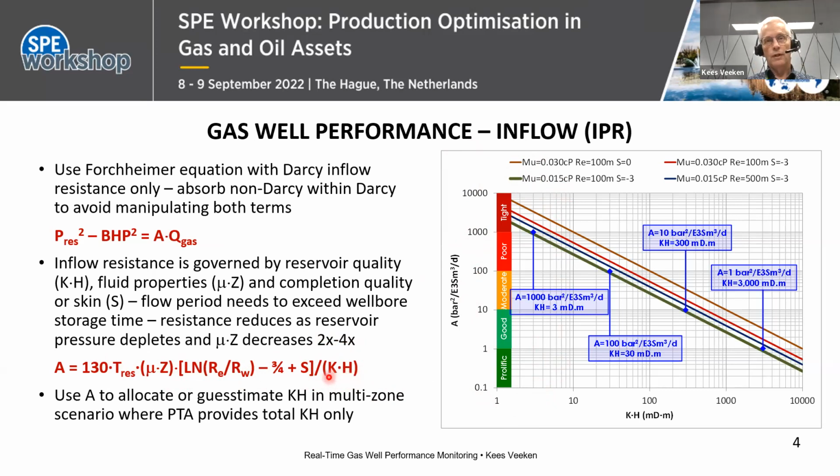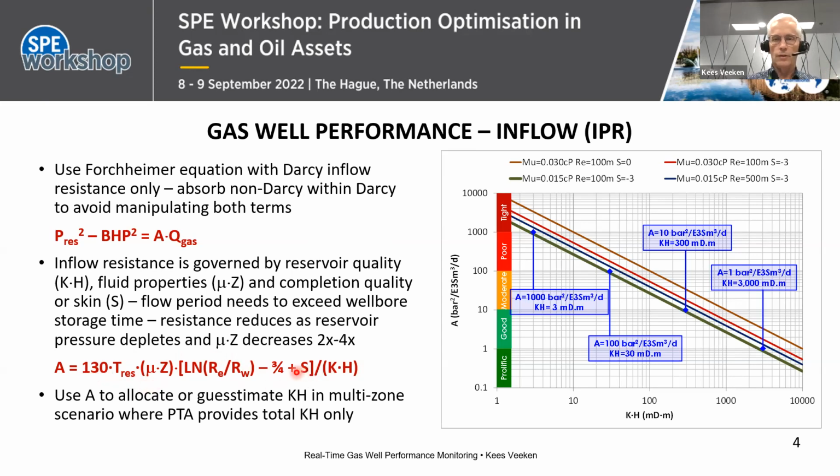However, in a multi-layer reservoir, your PTA usually gives you the sum of KH for all your multiple reservoirs and an average skin for all your zones completed. If you measure the inflow performance per reservoir layer based on a multi-rate production logging tool run, then you can get A per zone, and you can also get KH per zone.